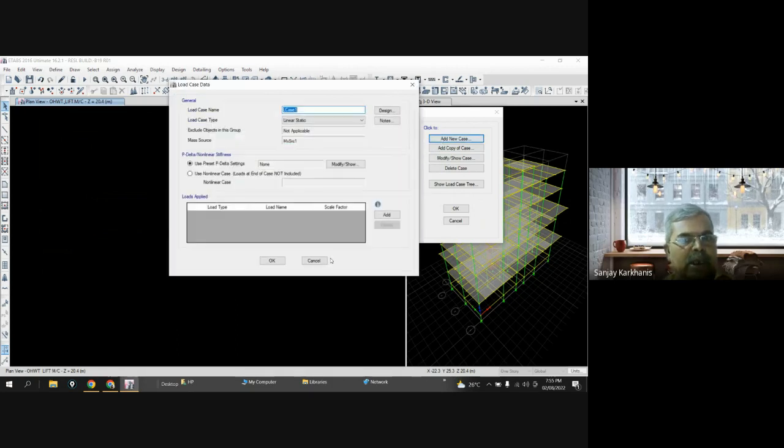So click on add new case, click on it. Now this is your dynamic case. Now this you want to apply in X direction, and you are going to use a response spectra.